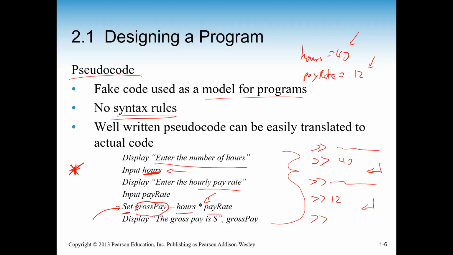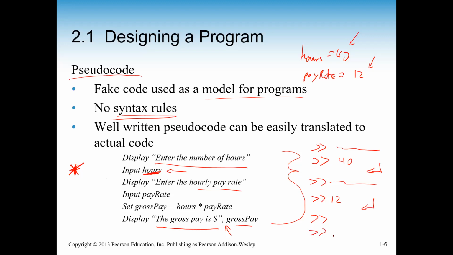Okay, that result then, notice here, the last part will be to display a message. The gross pay is in dollars, and then notice the comma there, and then gross pay. So that's a pretty standard, you know, Pythonic approach to printing things, and we will see that later. But you're just printing out the results.